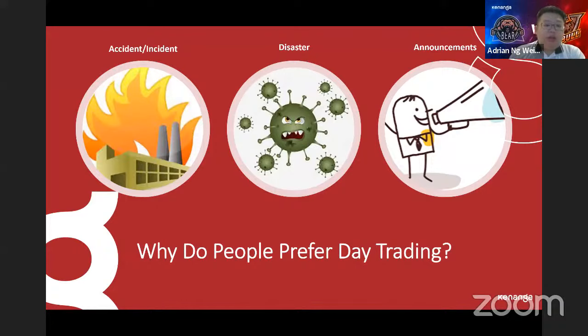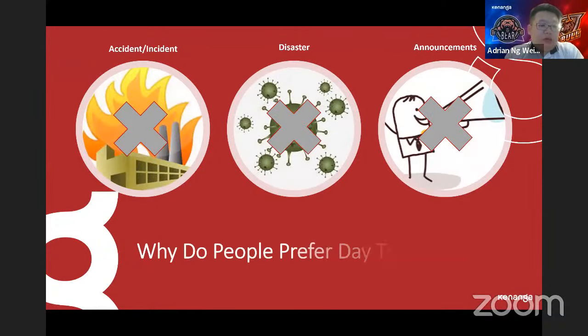This is actually the reason people do day trading: they fear accidents, disasters, and negative surprise announcements, like certain companies that have accounting issues overnight, or a shift in administration. These are the things that haunt us at night, and we can't sleep well. Why go to bed with such stress after work? It's not worth it. So that is why people are going towards a shorter term.